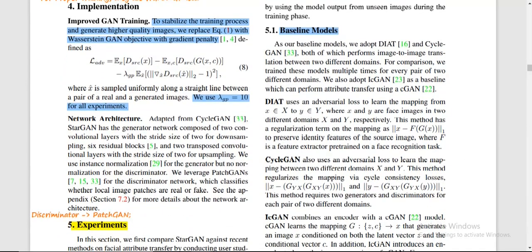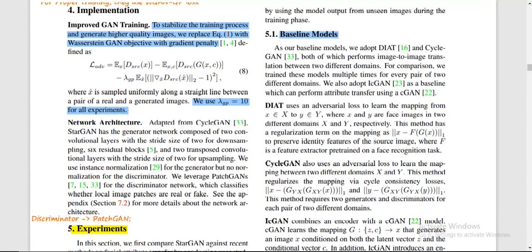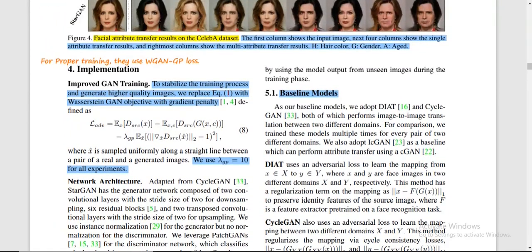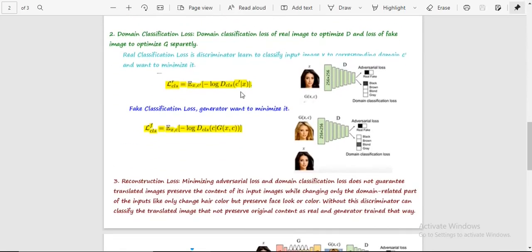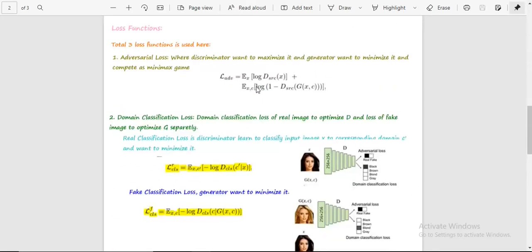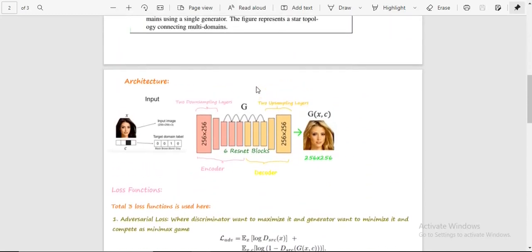If we talk about the network architectures, we will see later on. Let's see these architectures and go further. So the main architecture is like this. This is the architecture used by StarGAN for the generator. For example, here is the input image X and there is the target domain C, right?